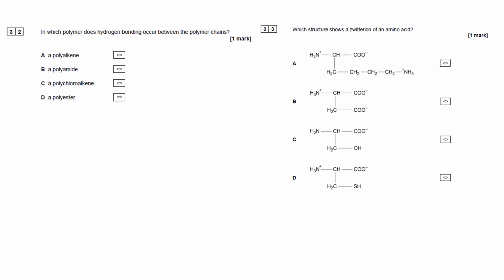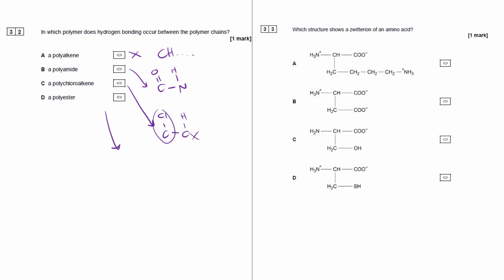Question 32. When do you have hydrogen bonding? It's not going to be the polyalkene, that's just your CH bonds, non-polar bonds. Polyamide, you've got lots of CONH bonds. Polychloroalkene, you've got CCl bonds in there, CH bonds. So you've got polar bonds, but no hydrogen bonds.